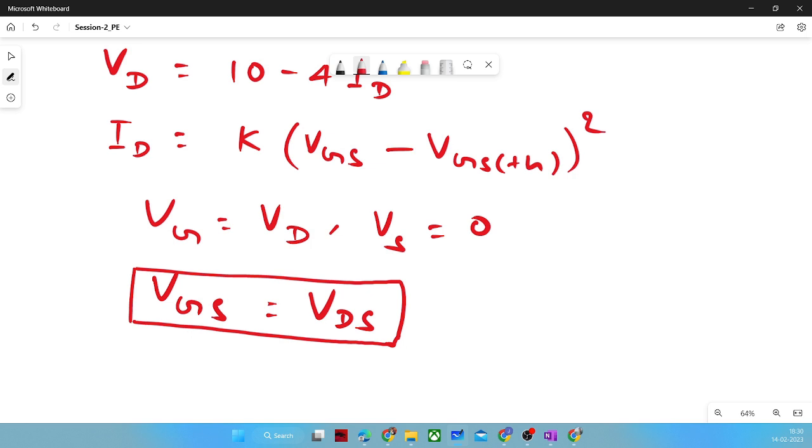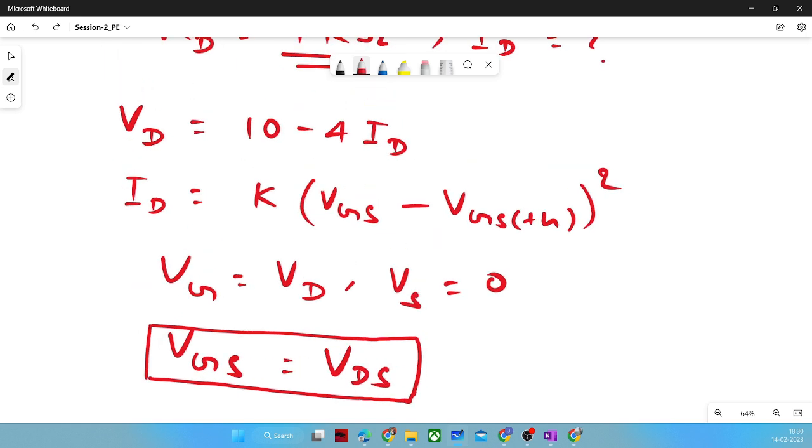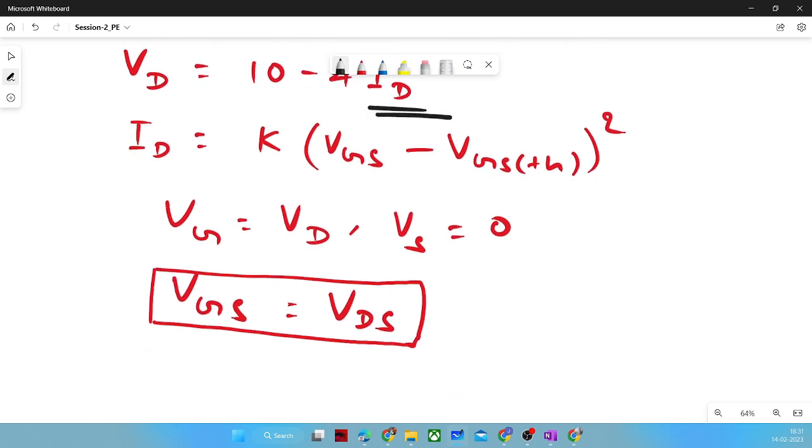And VDS, why am I writing VDS? Because we need to put two equations in one format. If we have two equations and two unknowns, then we can easily find out the value of ID. We are trying to find this value of ID here. So let me write it.